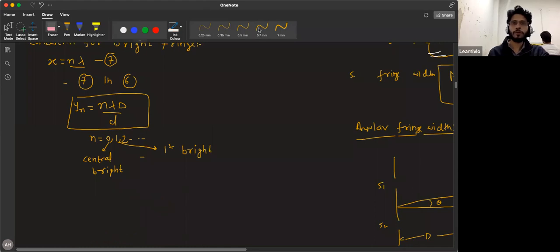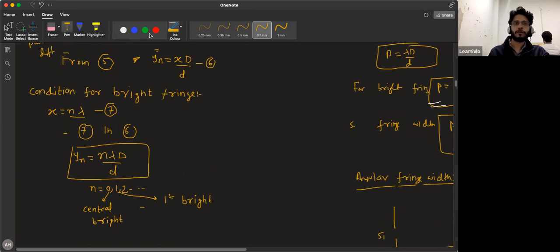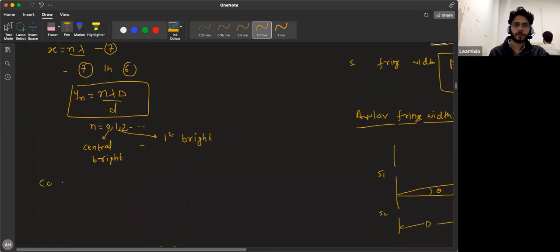Next, after the condition for the bright fringe, we can write the condition for dark fringe.